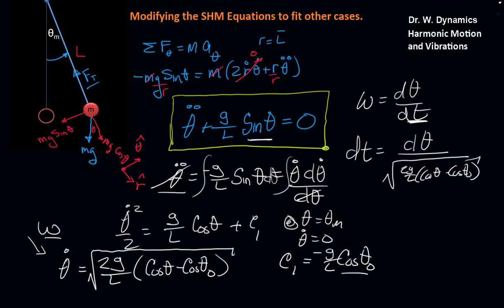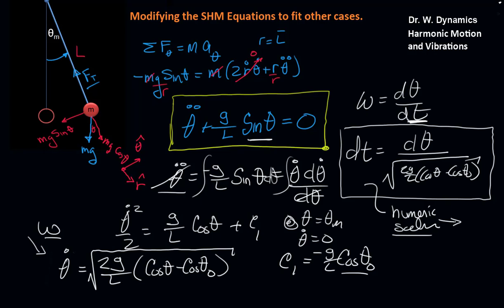And that is a fairly complex integral. It doesn't have an open solution to it. So at this point, normally we would go to a numeric solution. There's no easy solution by hand for that. However, for small angles, our approximation works, and as long as we don't go too far past 15 degrees or so, we get a reasonable approximation for a simple harmonic system.